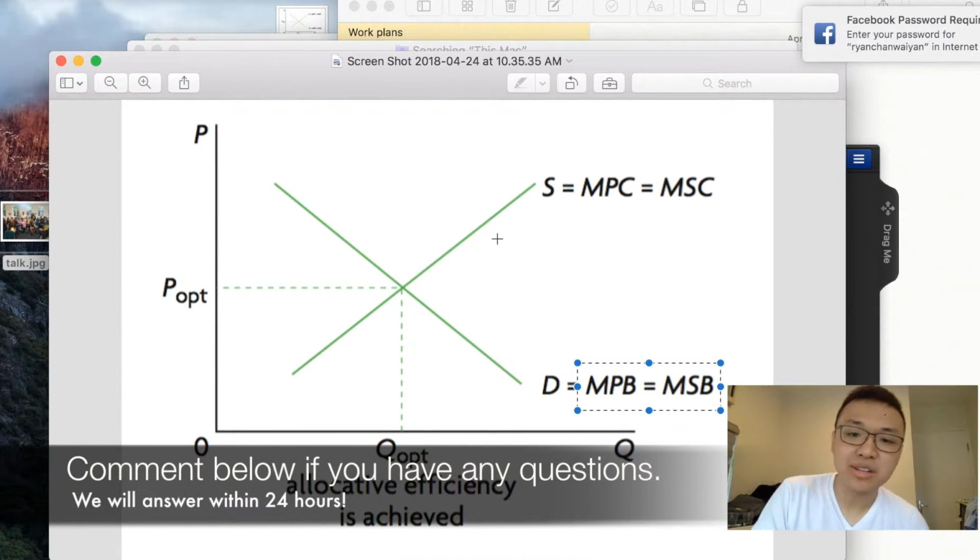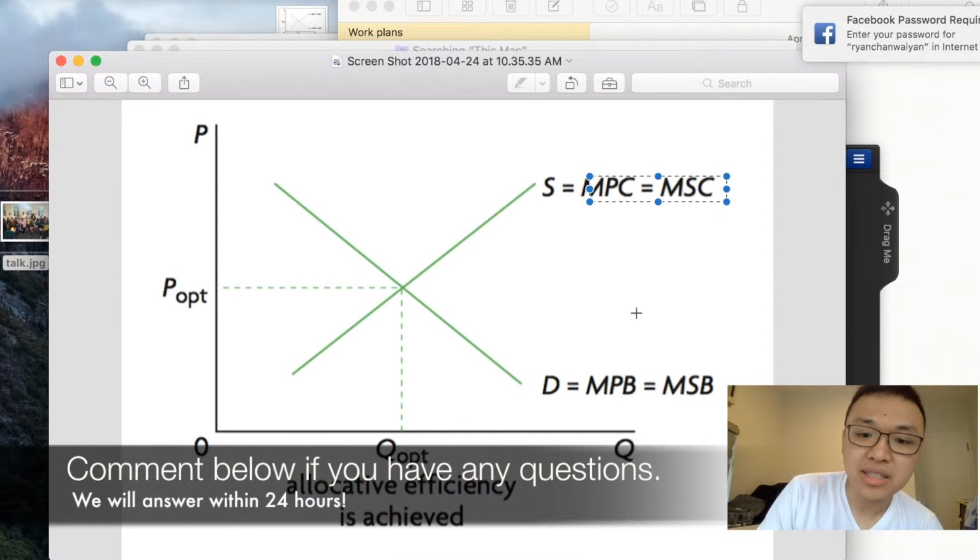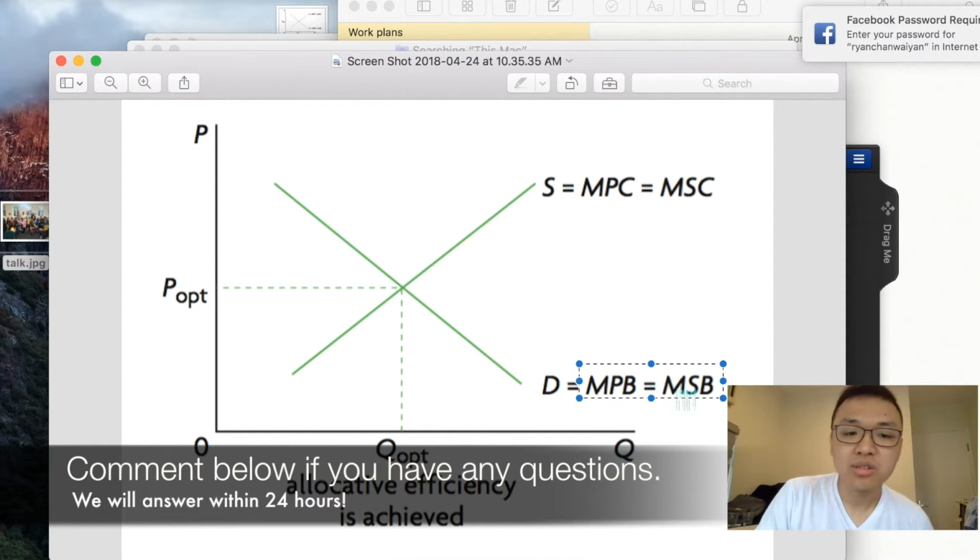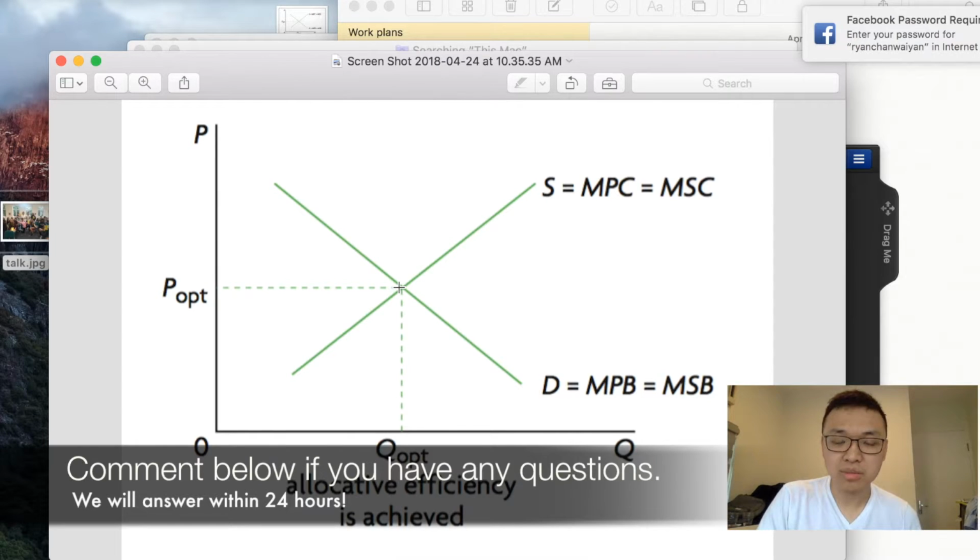So this diagram shows you the situation without externalities. You can see without externalities, MPC equals MSC, MPB equals MSB. So in this case, this is the market equilibrium, right here. The market equilibrium is also socially optimal. Why? Because if you have learned in school or in textbooks, where MSC meets MSB, where MSC and MSB intersect, that is the socially optimum point.